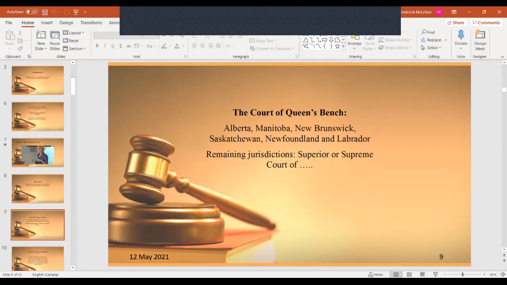The real independence of Canada took place in 1982 with what was called the repatriation of the Constitution, with the enactment of the Constitution Act of 1982, the Constitution Act of 1867, which replaced the BNA Act, and the Canada Act of 1982. All those things took place and really made us much more of an independent country, but we still have an English queen as the head of state.